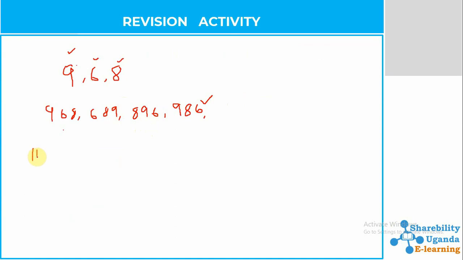Then here we can say, therefore, or we use this mathematical symbol, therefore, our biggest numeral is going to be equal to 9, 8, then 6.